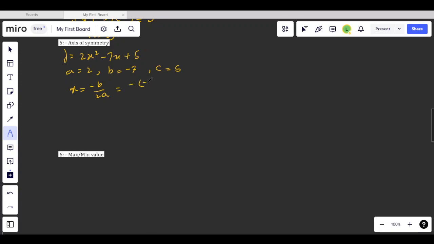Minus into minus 7 divided by 2 into what is the value of a? The value of a is 2.